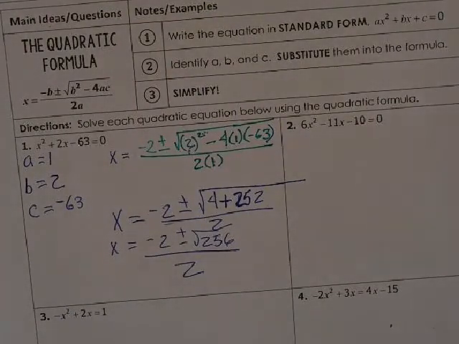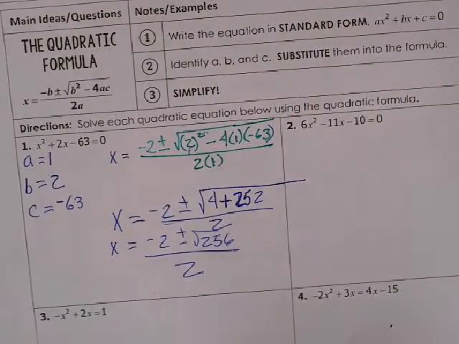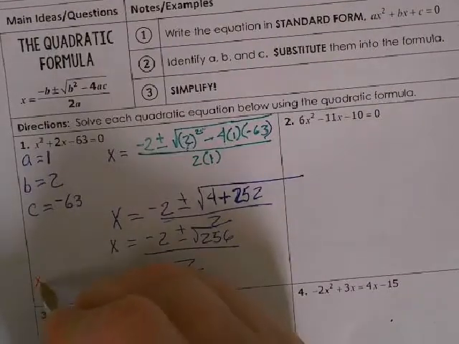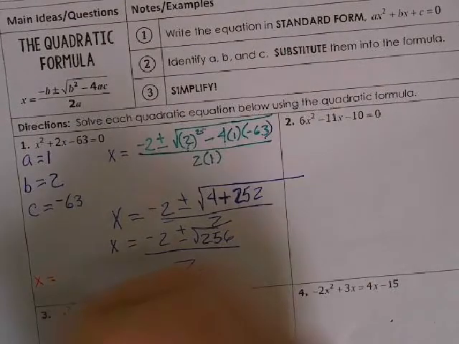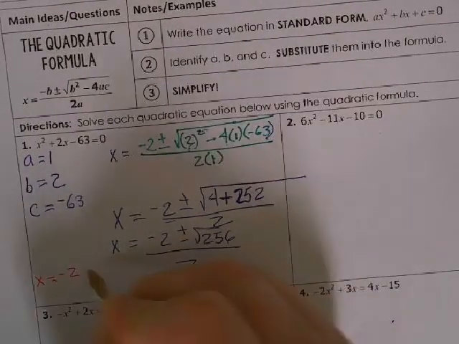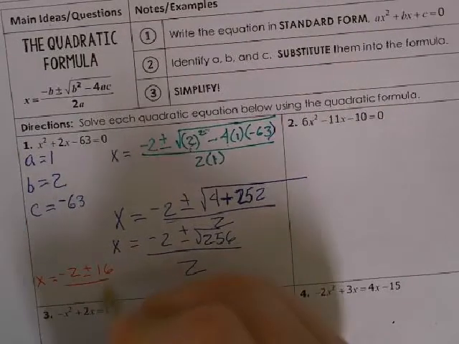We listed them, I think, on the first page of this. 16? Yep, that's correct. So we have here x equals negative 2 plus or minus 16 over 2.